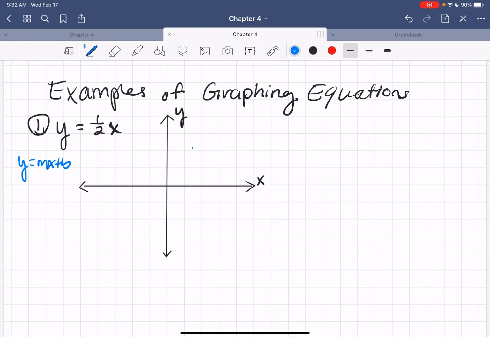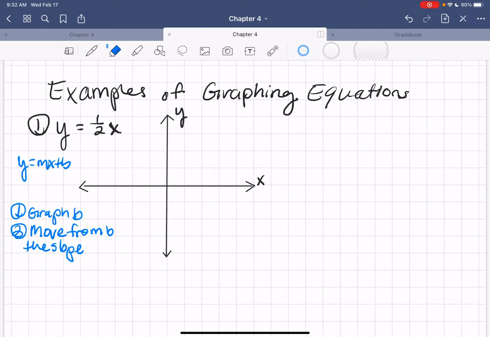So the idea is that I find b, so I graph b, and then move from b the slope. So whatever they tell me b is, that's the start for where I count my slope.